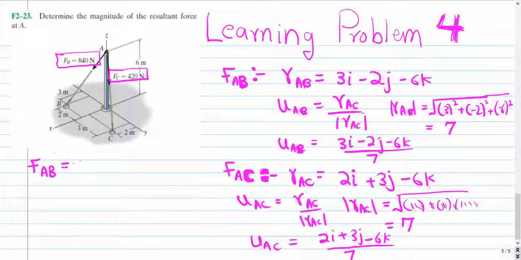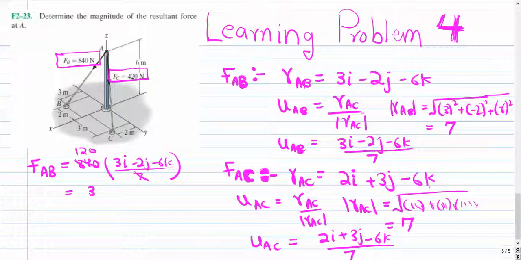So FAB is going to be 840 times the unit vector from A to B, which is 3i minus 2j minus 6k all over 7. We can simplify this. We get 120 here. And so the force vector from A to B turns out to be 360i minus 240j minus 720k.